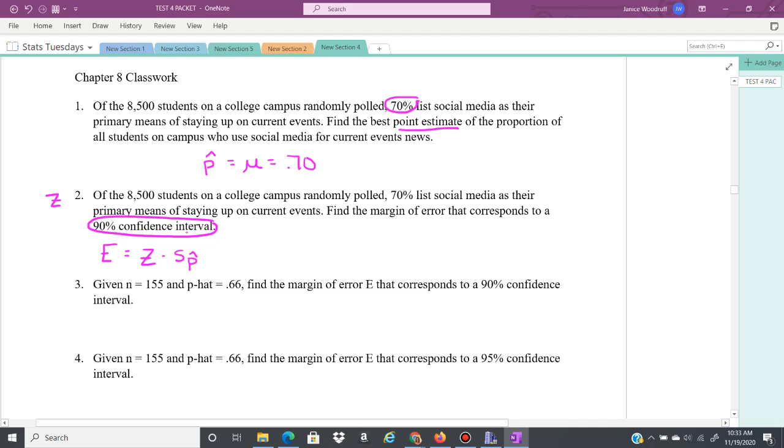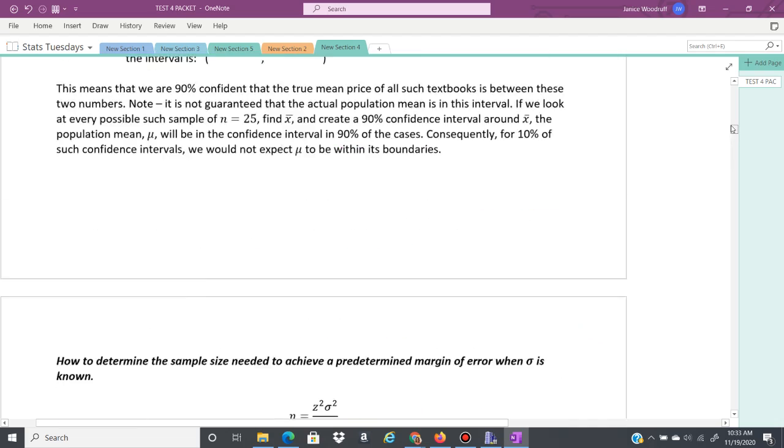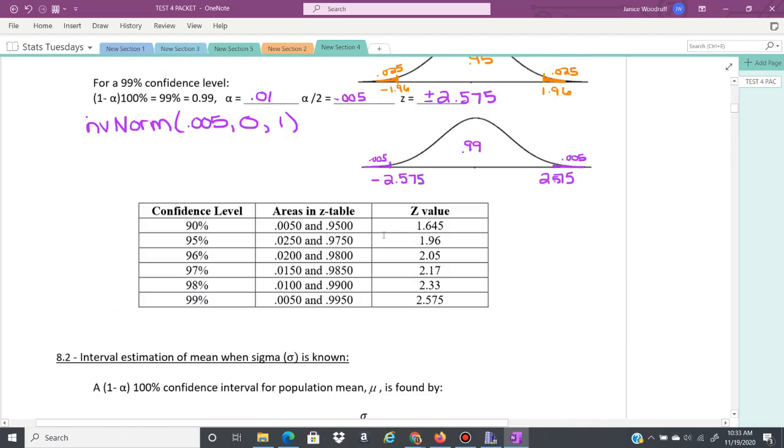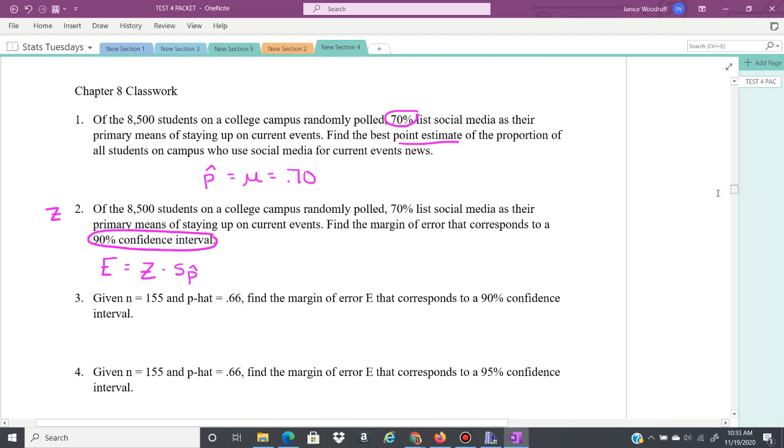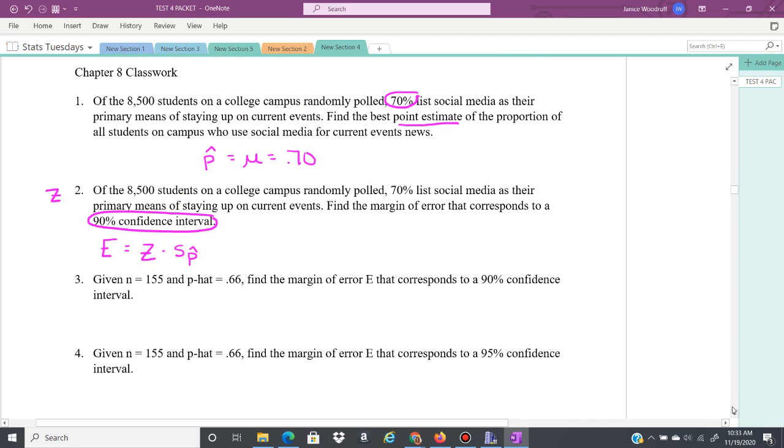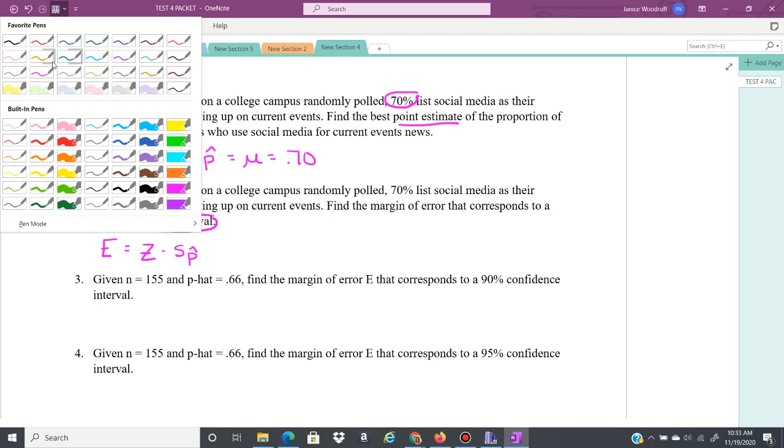If we go back to the chart in the beginning of chapter 8, this chart right here, your 90% z value is going to be 1.645. Okay, so we get a z value of 1.645.